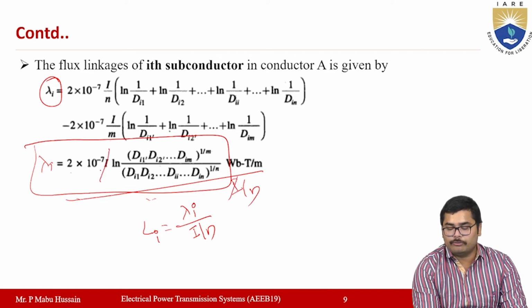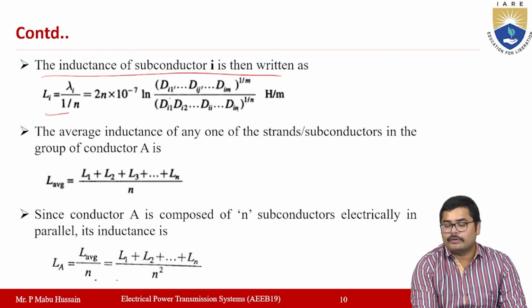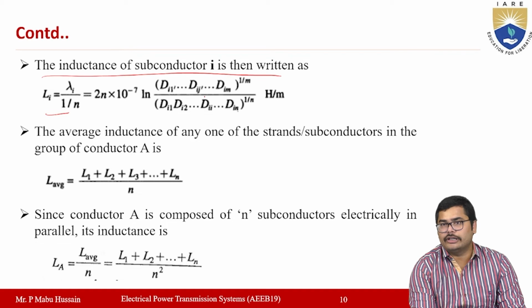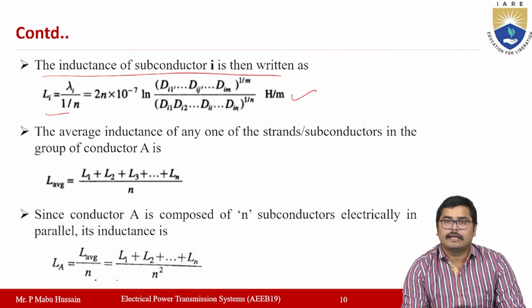So you will get 2 into 10 power minus 7 into n into ln of di1 dash, di2 dash up to dim dash, whole to the power of 1 by m, divided by di1, di2 up to din, whole to the power of 1 by n. This is in Henries per meter.